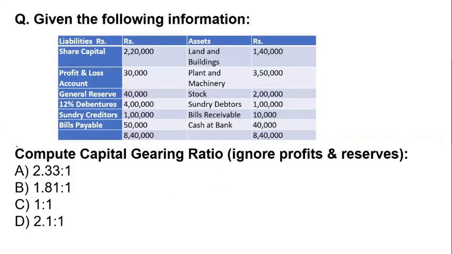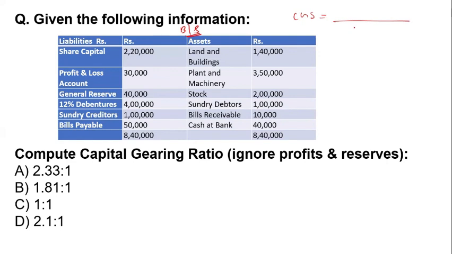Okay, the next question. The balance sheet is given in your question. So what is the capital gearing ratio? Capital gearing ratio is nothing but a relationship. A relationship between what?